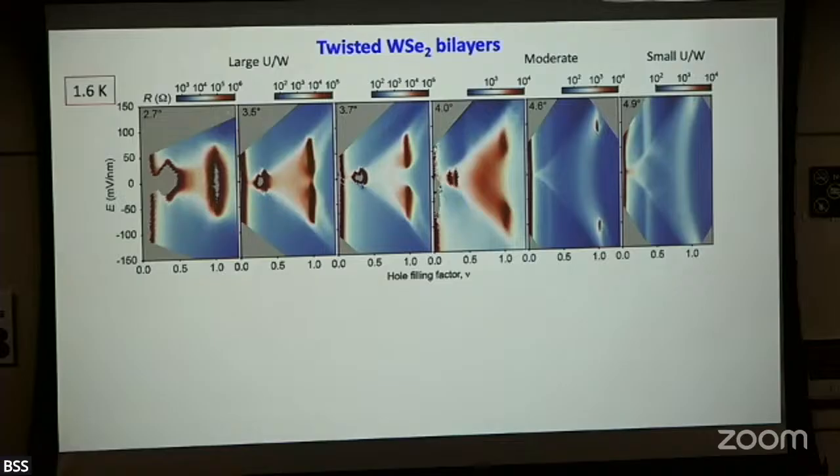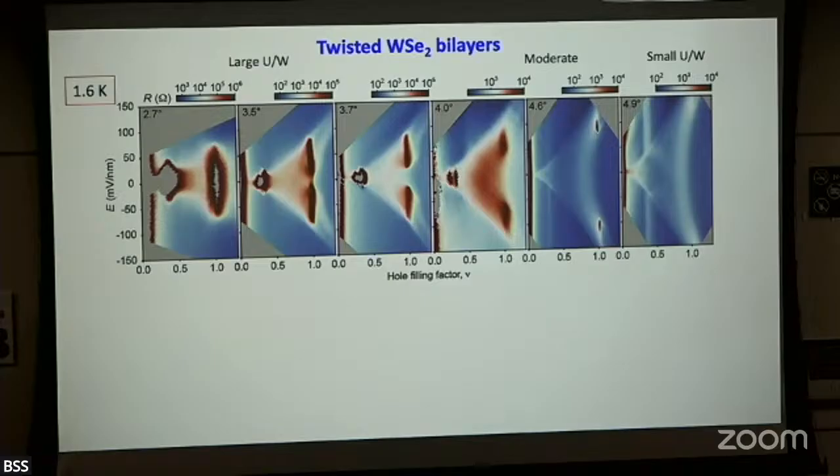You see some kind of a triangular area here, and this is the area where the two layers are hybridized. If you apply too large displacement fields, they decouple. The interesting things happen inside this triangular area. You see those very red or black-like features, and that means very large resistance. Those are the insulating states.